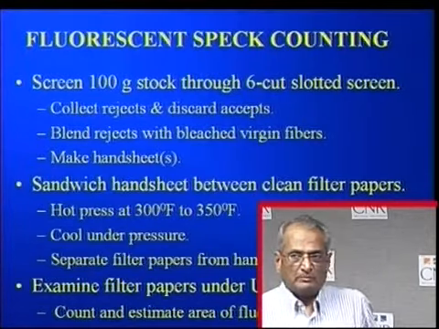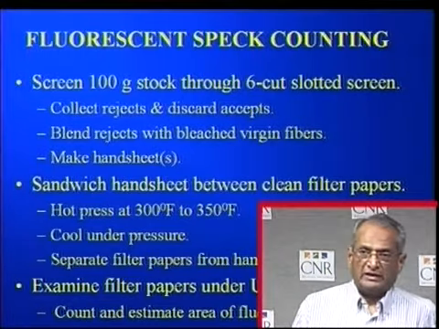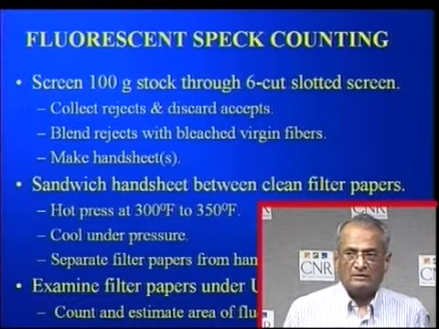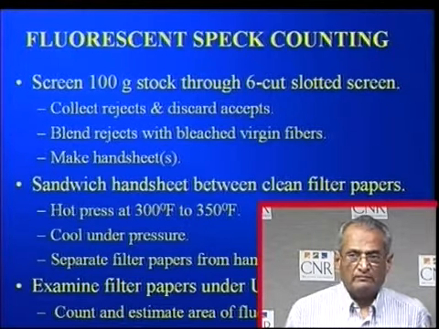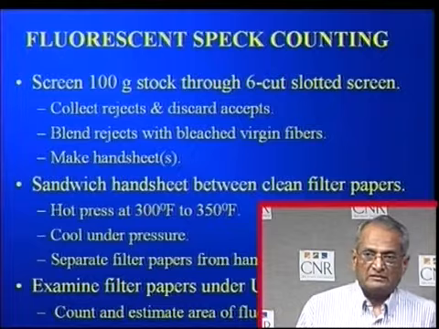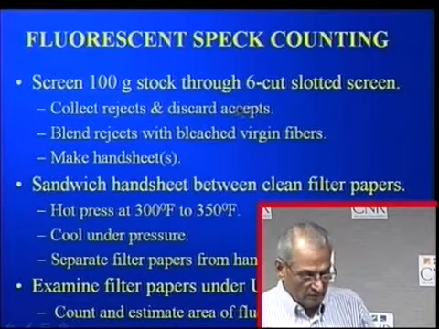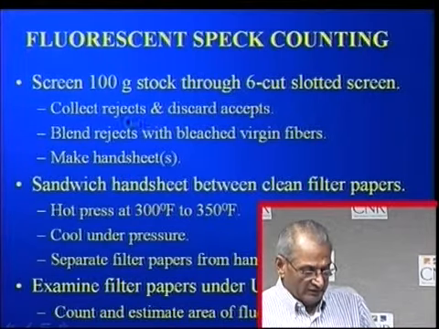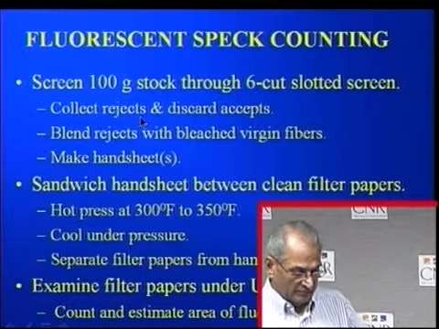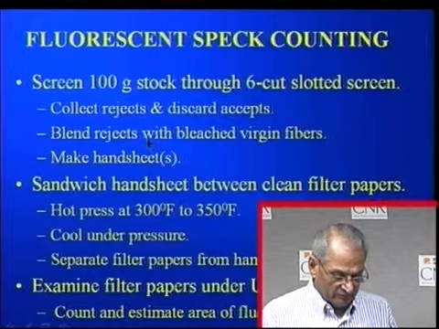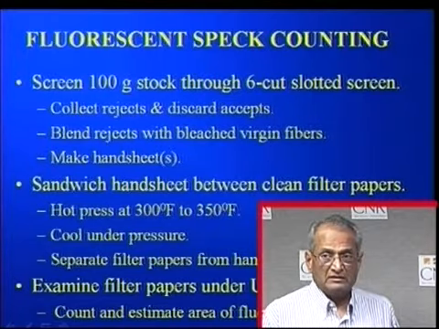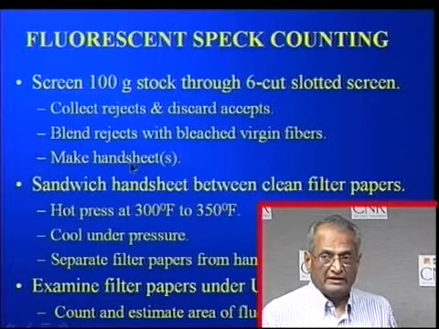In the fluorescent speck counting method, for example, we take a 100-gram stock sample and process it through a 6-cut slotted screen. We take the rejects and collect them on a filter paper, blend it with clean virgin fibers, and correspondingly make handsheets.